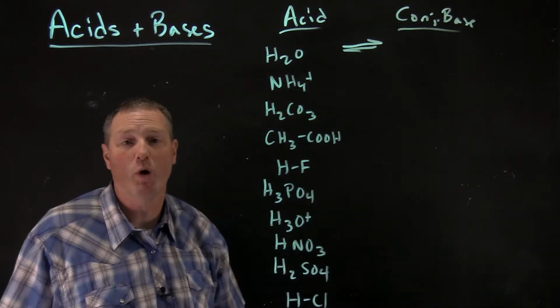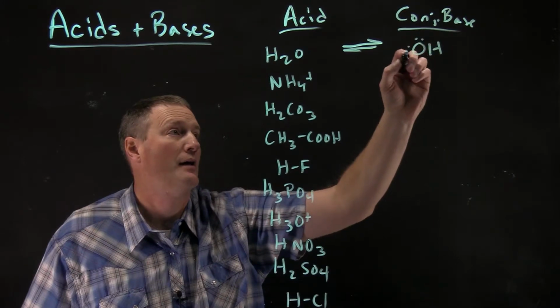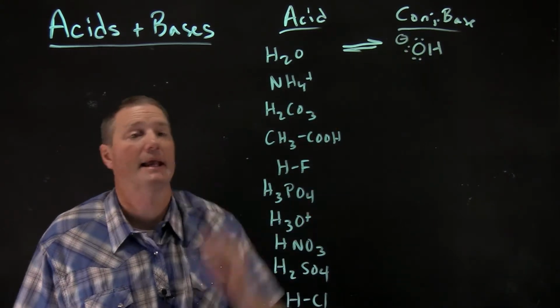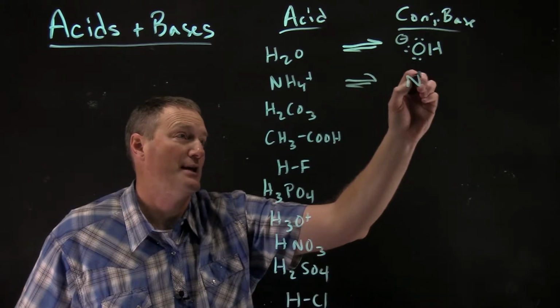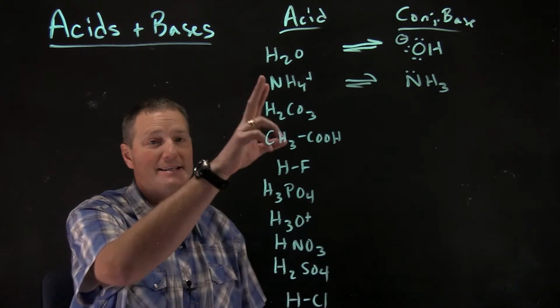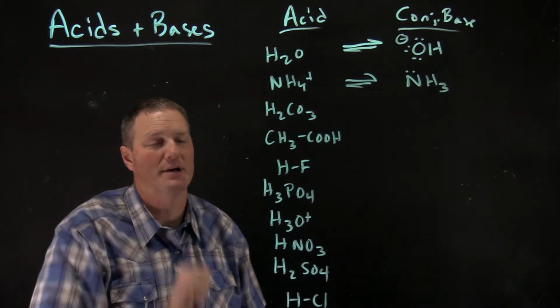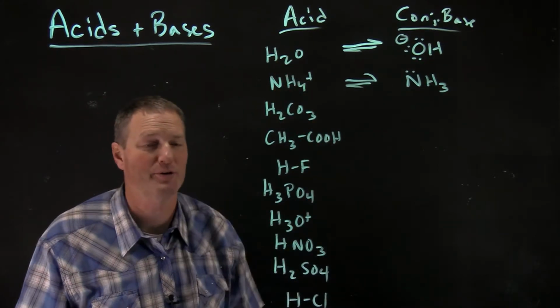In the case of water, the conjugate base would just be hydroxide. In the case of ammonium ion, the conjugate base would just be ammonia. Notice what's happening here: the acid is a species that gives up the proton, and the conjugate base is that same species minus one of the protons.